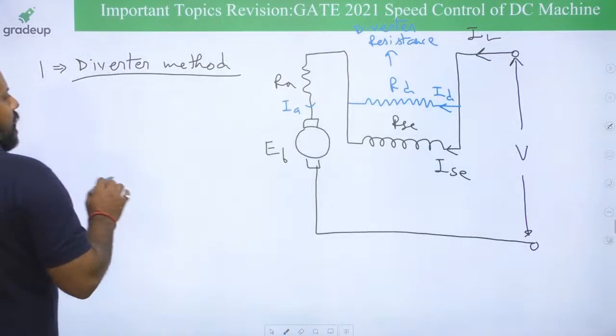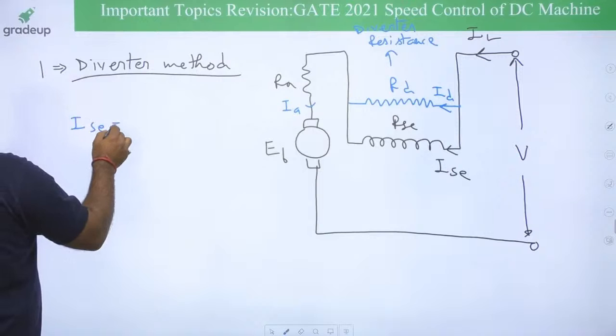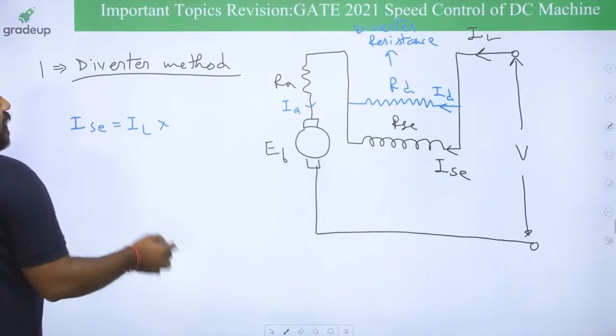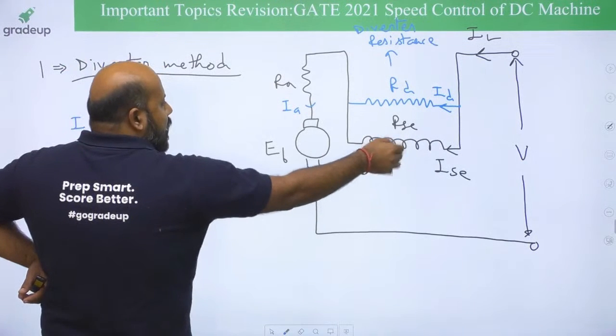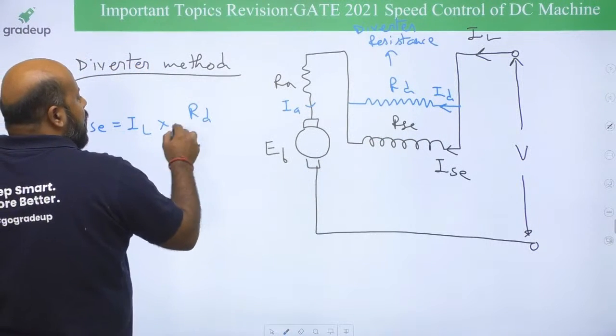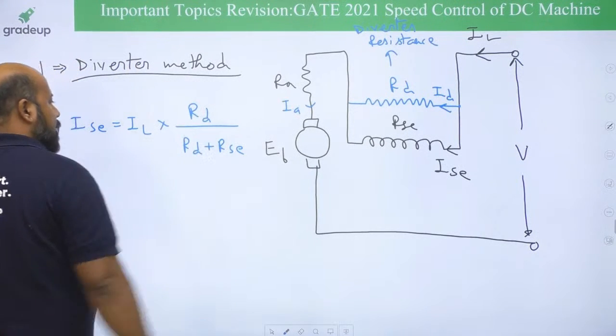Now one thing that you can write, that if you want to find the series field current, do you have any formula? Yes. If this is the line current and you want to find the current in this parallel path, so you will write RD upon RD plus RSE.